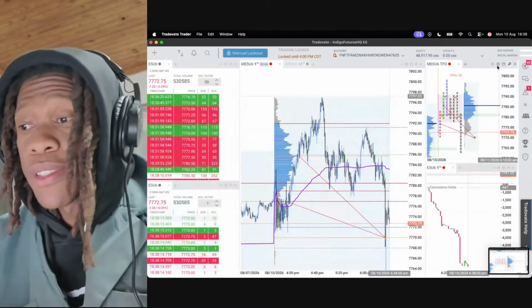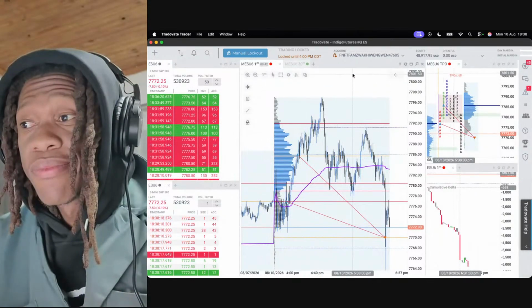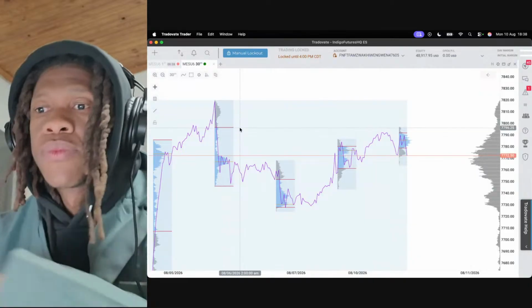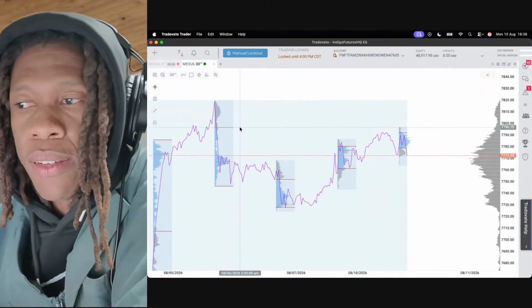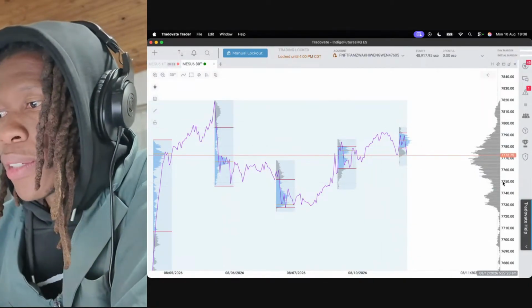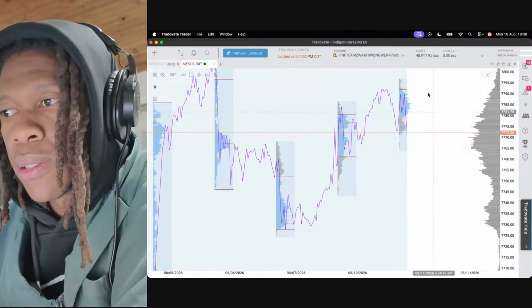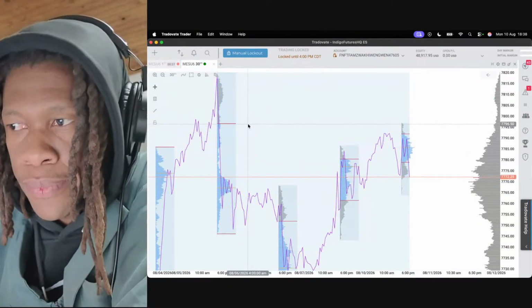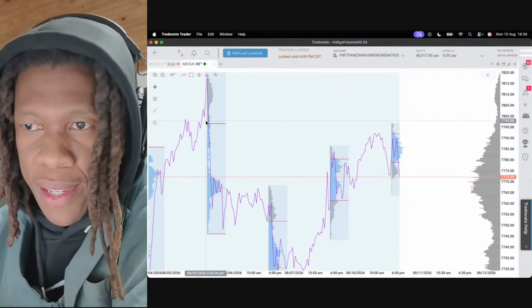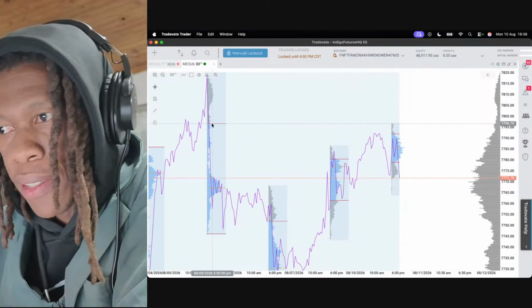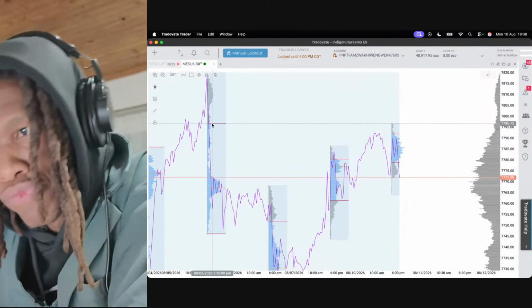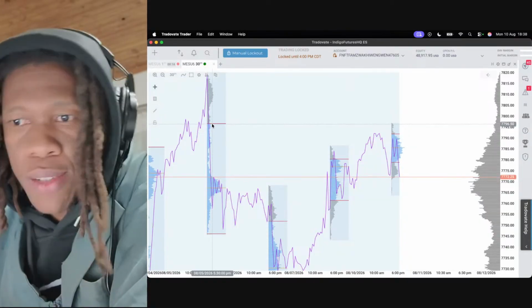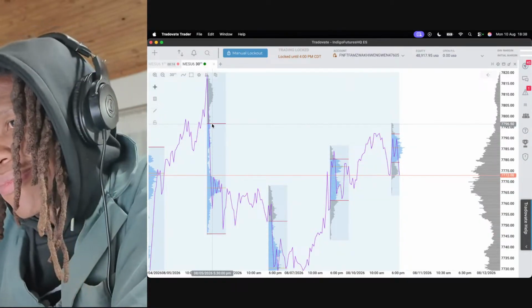So much work to do here. And I'm also seeing, as I noticed a little later, this value area high, which is Wednesday's value area high, also could have been an exit, seeing as it was unmitigated.